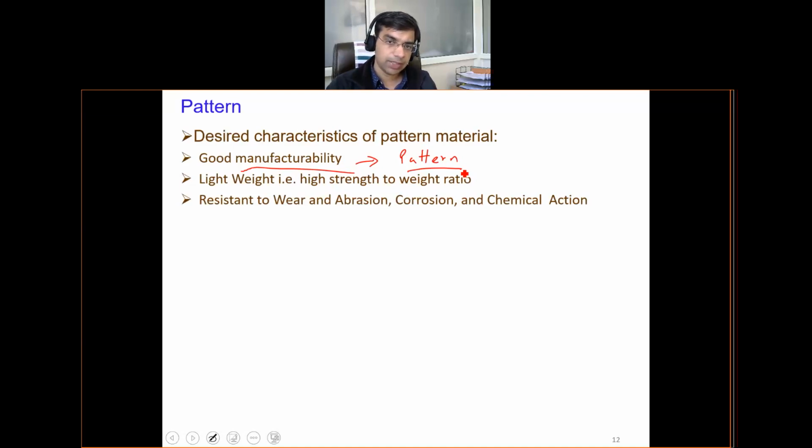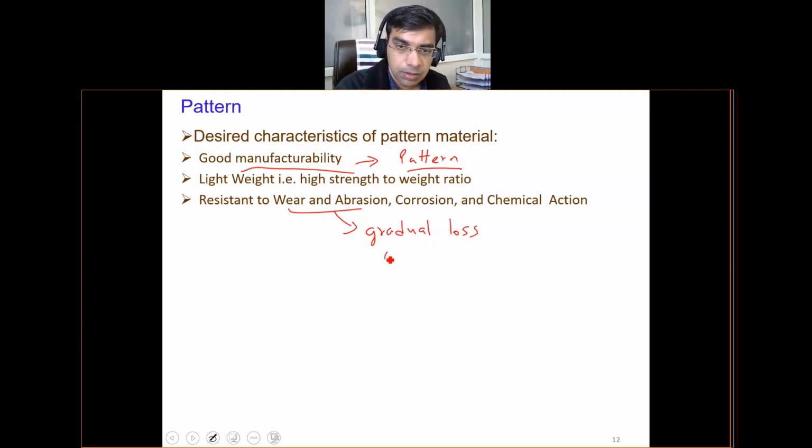So what is wear and abrasion? Wear and abrasion are basically surface phenomena which include gradual loss of material when two surfaces or two materials interact.